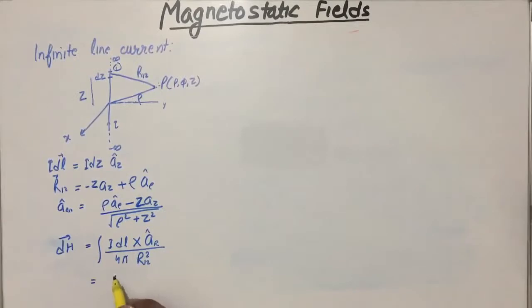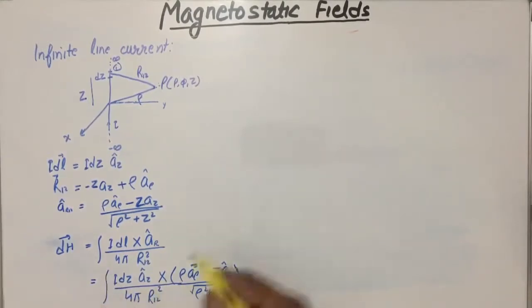It will be I dz az cross (rho arrow minus z az) divided by the square root of rho square plus z square. This will be IDL cross AR, divided by the full term already available, 4 pi R12 square.